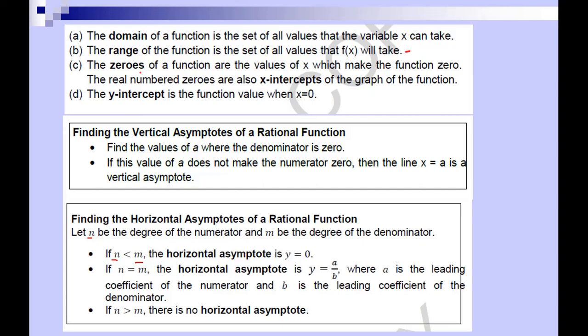And then for our zeros, for example, x plus 5 times x minus 5, the zeros there are x is equal to negative 5 and x is equal to positive 5. So, these are our zeros. Okay? And then we will have the x-intercept and the y-intercept, and also the vertical asymptote and the horizontal asymptote.